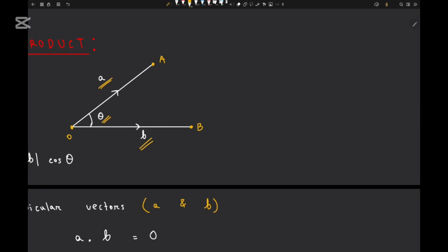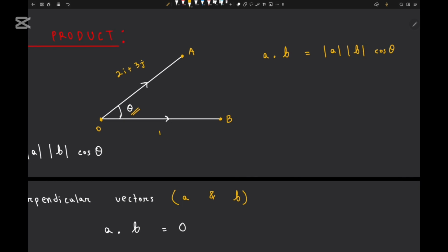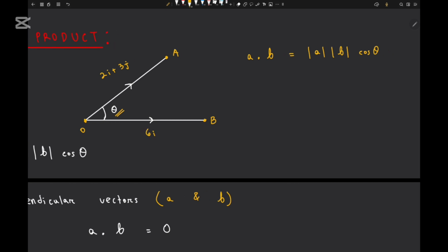So the product of the vectors is equal to the modulus of the vectors multiplied by cos theta. Let's say that this vector is represented by 2i plus 3j, and let's say that this is 6i.